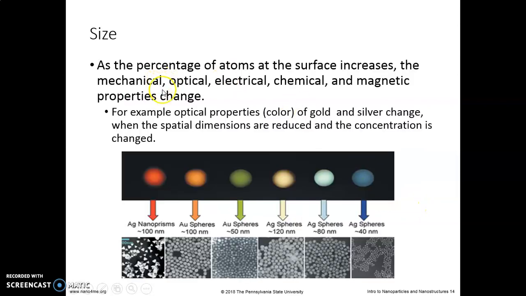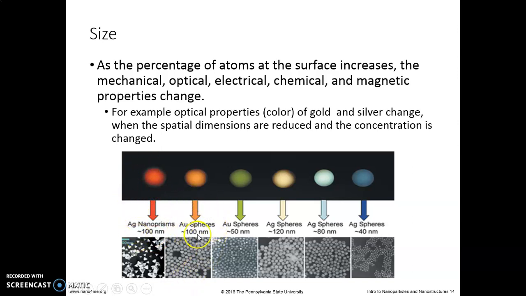Here, with the help of gold and silver, they clearly show how the color varies with size. Everything is clearly given. Here you can see this. The Ag nanoprism nearly 100 nanometers appears as red.